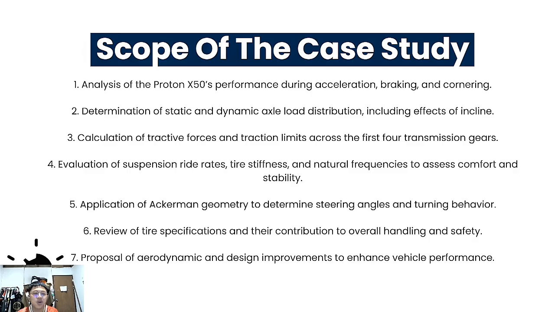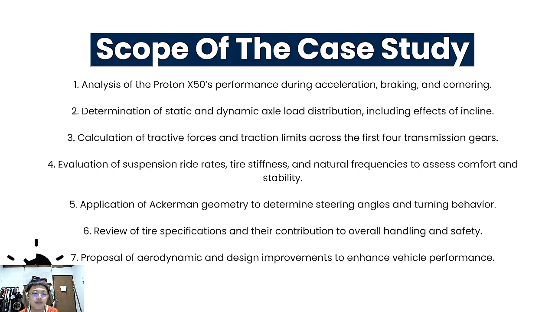We have 7 scopes. For the first one, we can see analysis of the Proton X50 performance during acceleration, braking, and cornering. The second one is determination of static and dynamic axle load distribution, including the effect of incline. Then, calculation of tractive force and traction limits across the first 4 transmission gears.